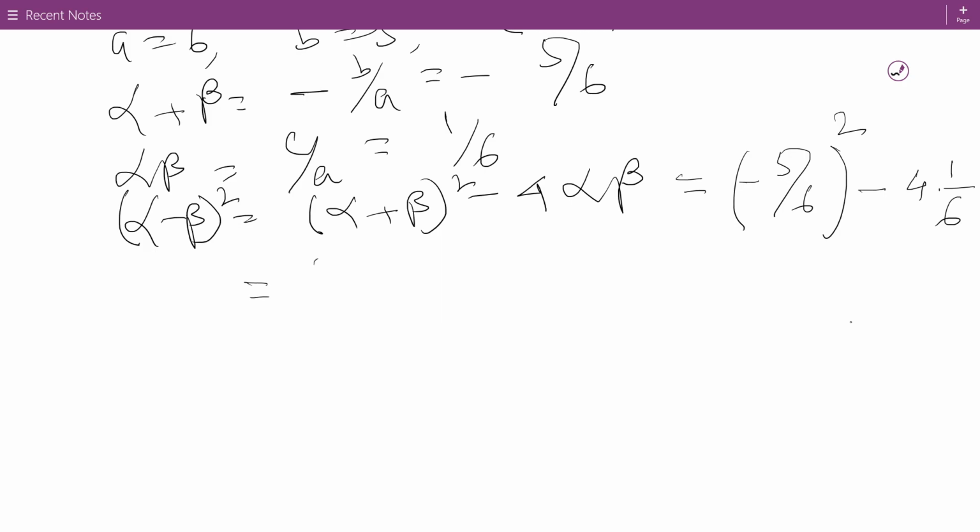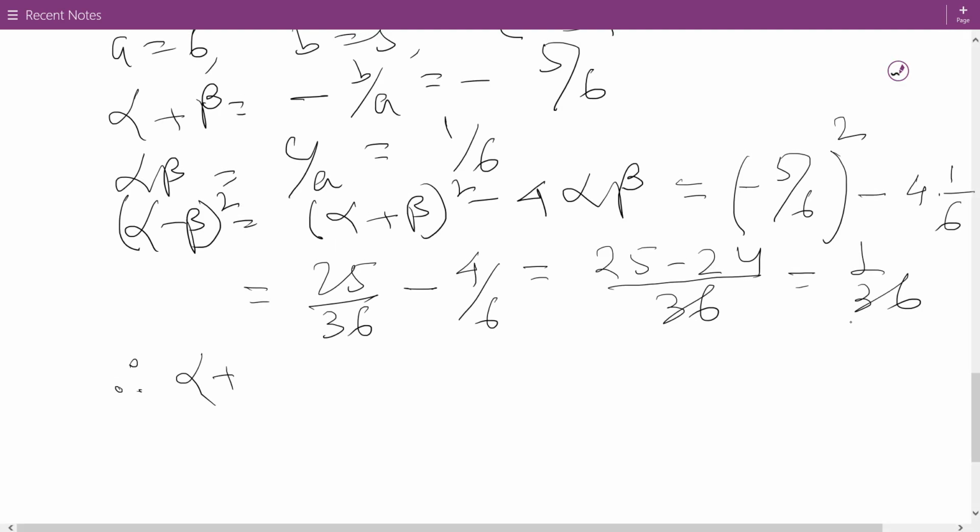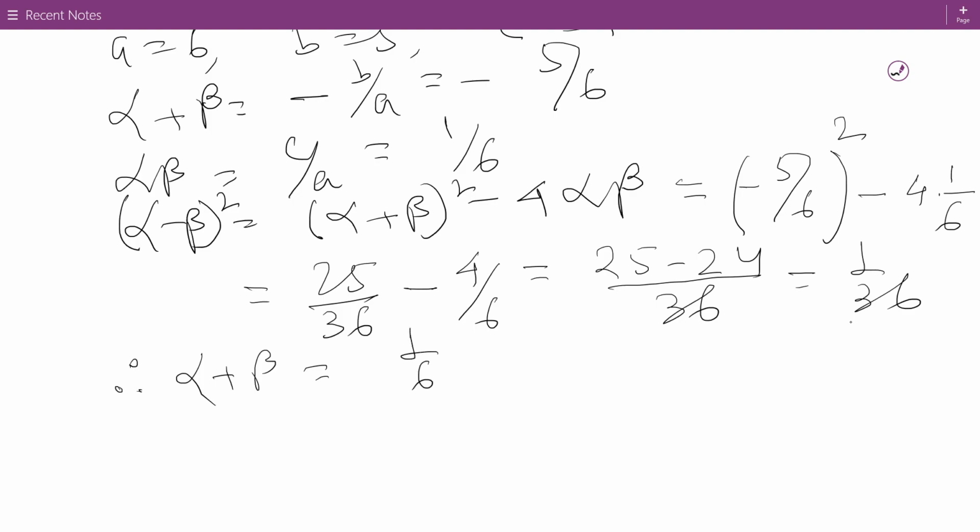Then you can write 25 by 36 minus 4 by 6, simply 25 minus 24 by 36, 1 by 36. Therefore, we can take only the positive value, that is 1 by 6. Oh, sorry, this is alpha minus beta. This is alpha minus beta equals to 1 by 6.